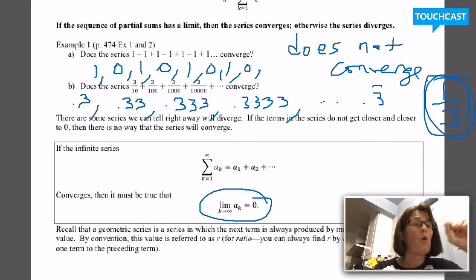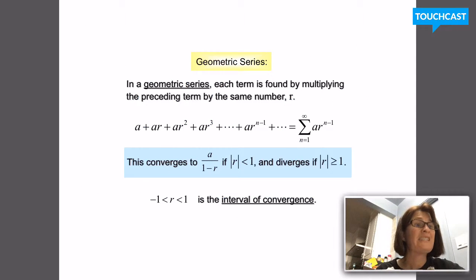Okay, so what we want to do now is remember some things we know. There's one kind of series that you've probably talked about in your Algebra 2 class, your pre-calculus class, and that's a geometric series. That's going to be your best friend in Chapter 9 because there are very specific rules for when a geometric series converges. A geometric sequence is a sequence in which the next term is always found by multiplying by the same value.